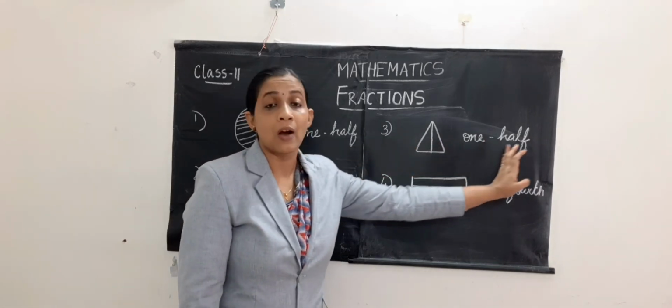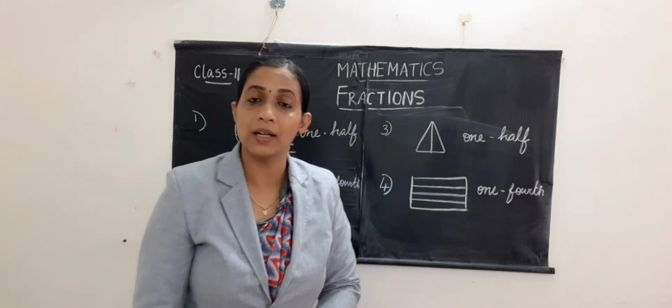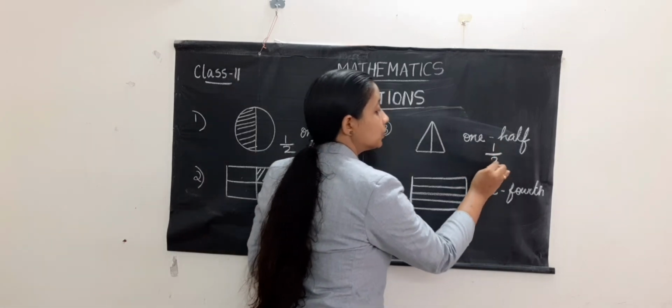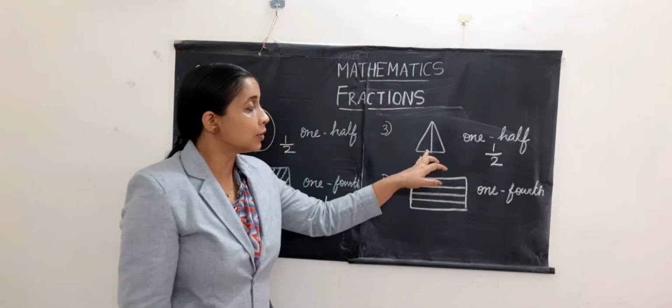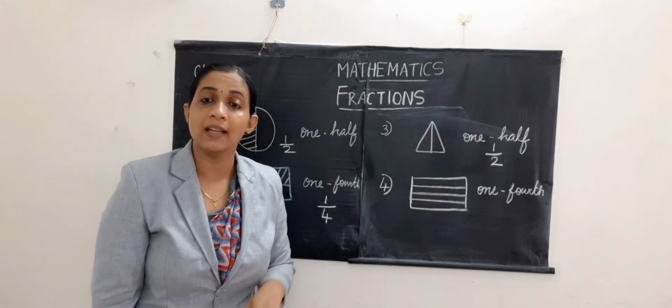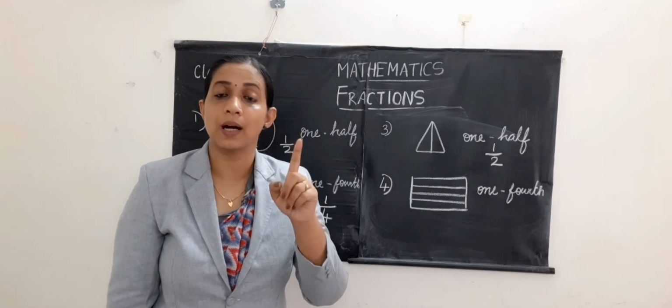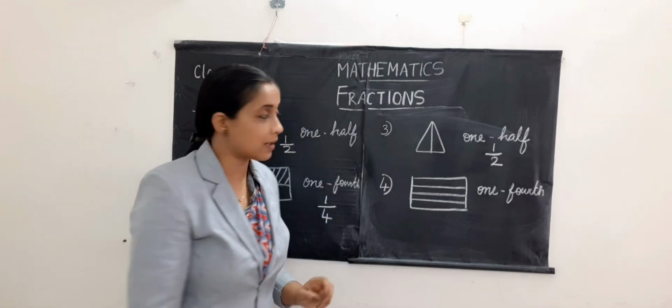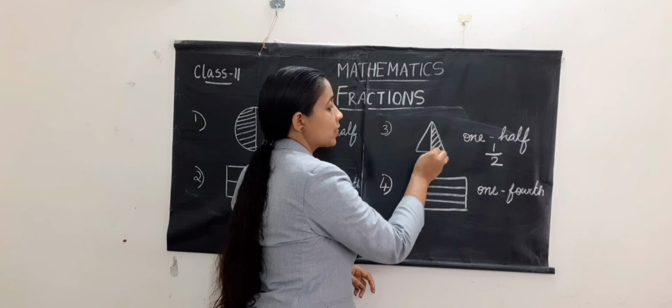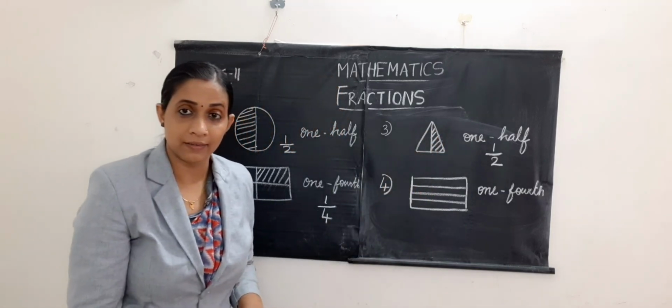Next, again 1/2. What do you mean by 1/2? Here there are 2 parts, 1, 2. You have to shade 1/2, that is 1 out of 2 parts. So this is how you shade 1/2.